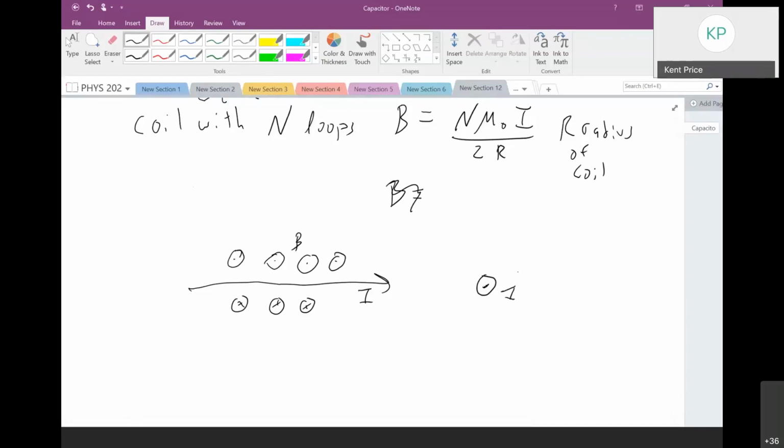And now my fingers curl in the direction of the magnetic field everywhere. So the magnetic field due to this one looks like that. See how it's going down on the left and up on the right. It goes in opposite directions on different sides of the wire because it's curling around in a loop. Think of your fingers as a circle around the wire. In the example that I just did, current is coming out of the screen.